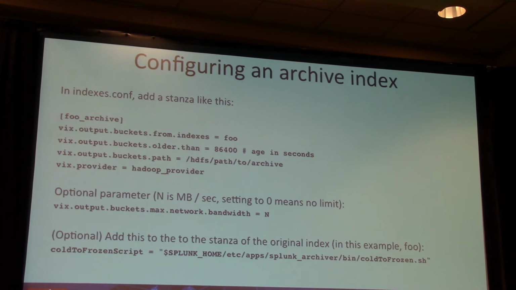In addition, you can add a bandwidth throttling configuration, like I mentioned before. And then I usually recommend that you add this to the original index. If you don't add that, then as soon as a bucket is ready to be frozen, it will be deleted. In most cases, you want that to happen anyway, but there can be cases where archiving is backed up for some reason.